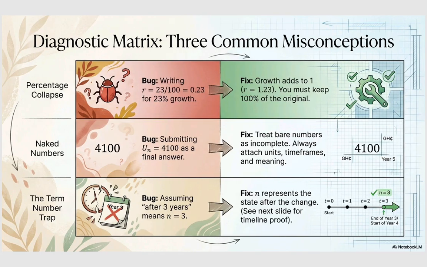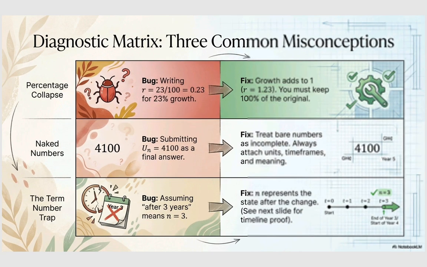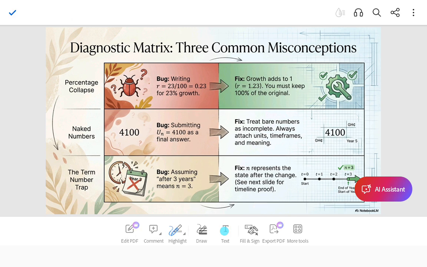These are common misconceptions. The percentage increase or percentage decrease is very important. R is not equal to, let's say, 23%, that is 23 over 100.